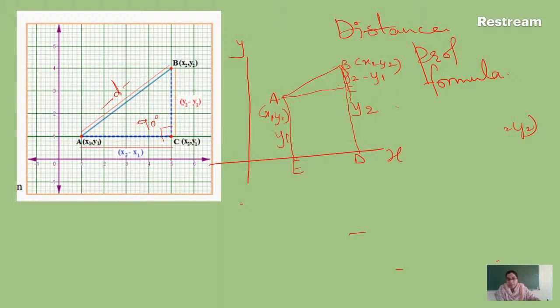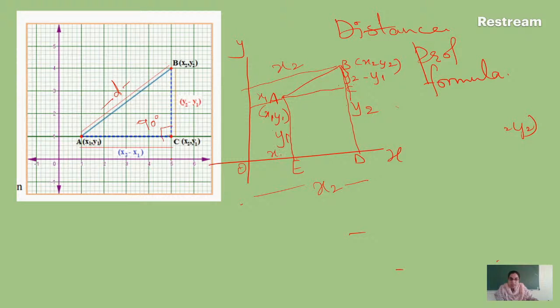Now similarly, what is AC? To get AC, see here. What is the distance of B from the y-axis? It is x2. If this is your origin, OD will be x2. And next, what is the distance of A from the y-axis? It is given by the x coordinate, that is x1.